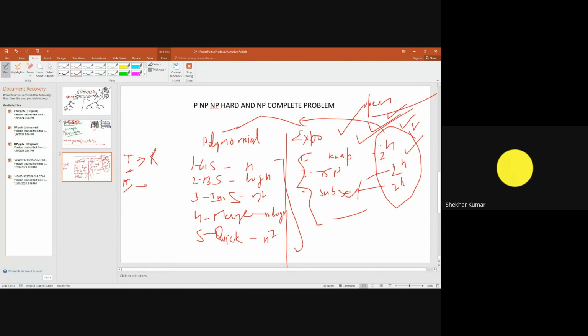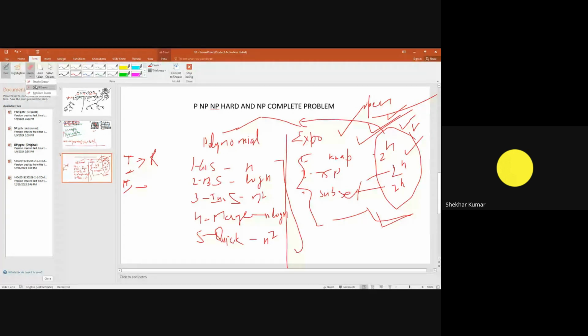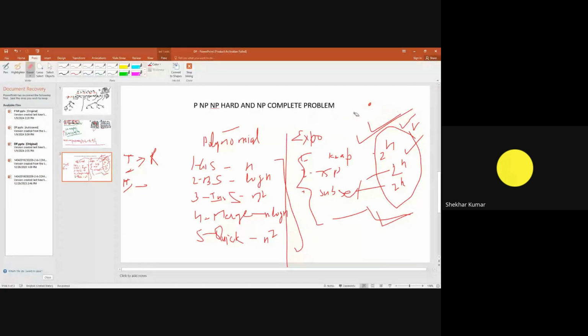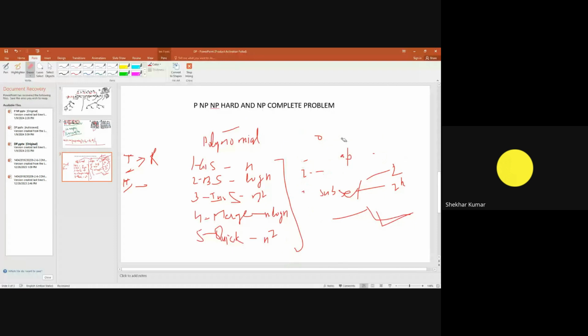We are not able to write an algorithm in polynomial deterministic time. So we will try to write a polynomial time non-deterministic algorithm for this, so that if we find the solution in polynomial time, then that will be a relief for the researcher.